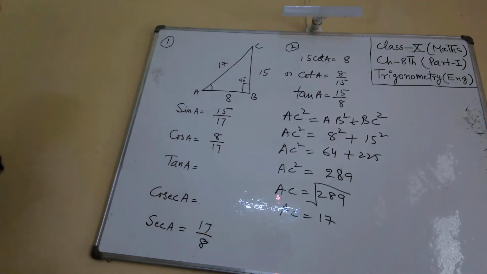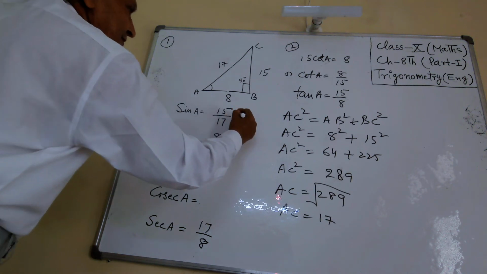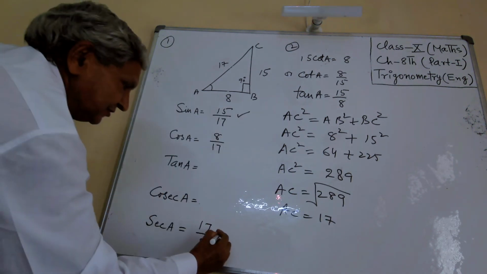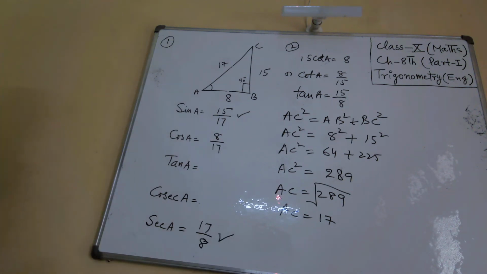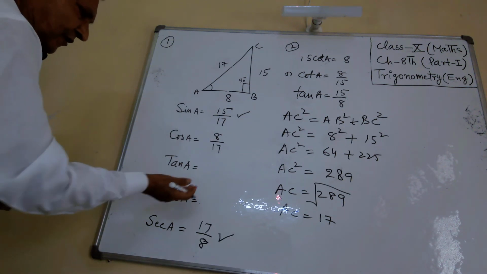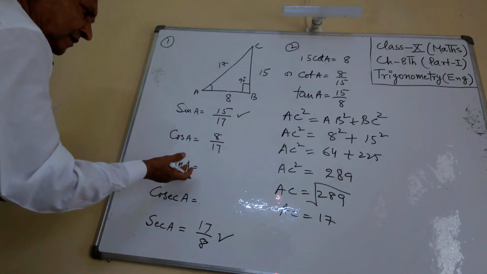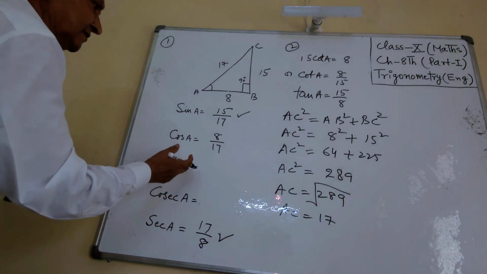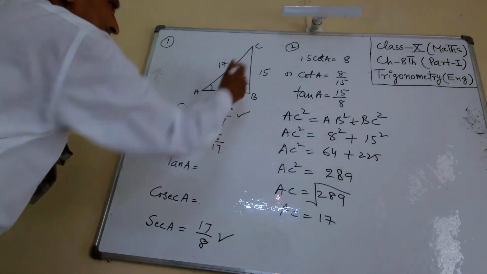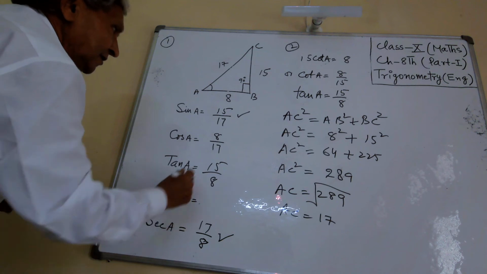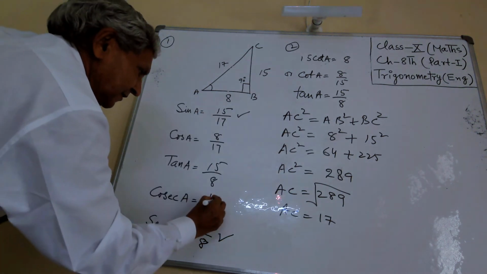This is the value. Only in this question you have to find out sin A and sec A. So if you want, you can find out all these. The tan A, what is tan A? 15 by 8. Cosec A, opposite of sin A, 17 by 15.